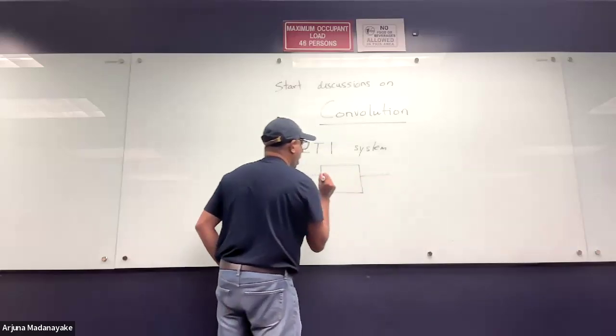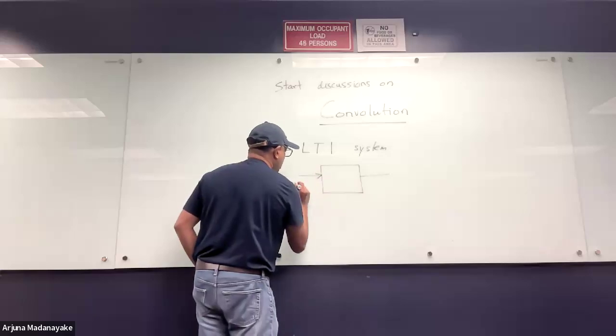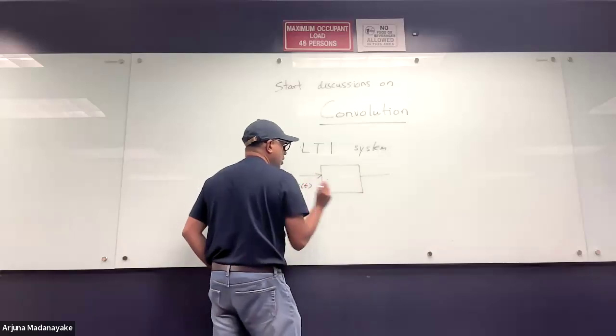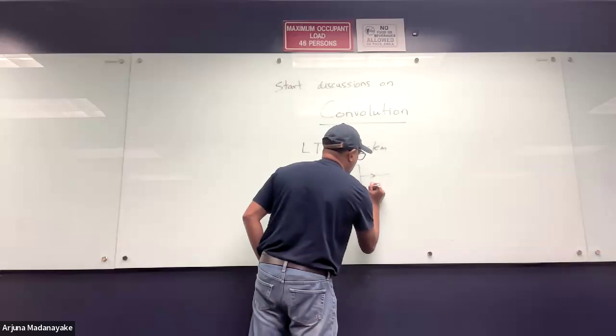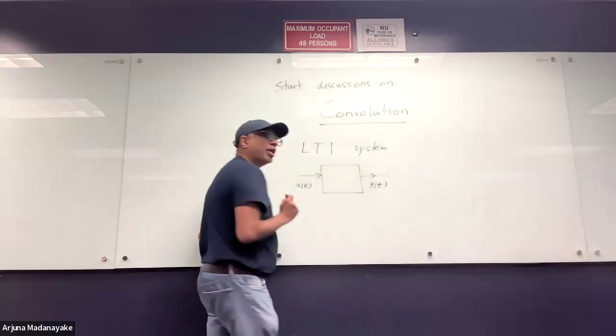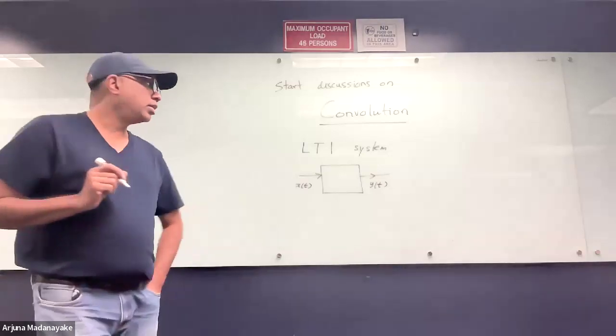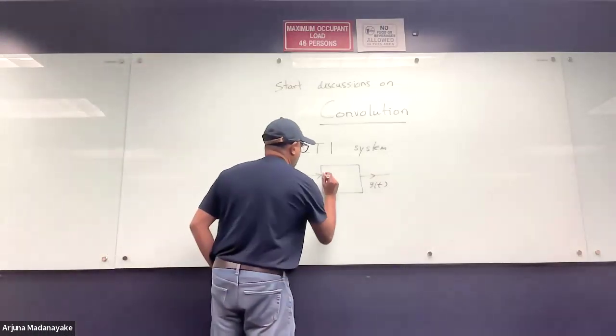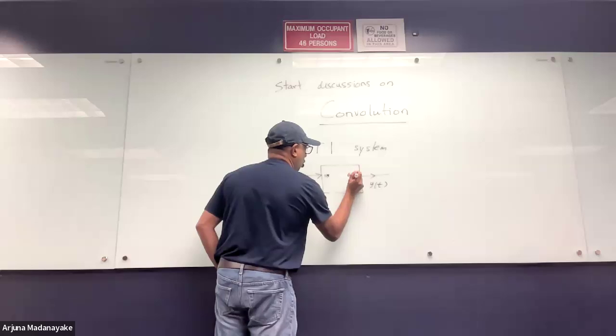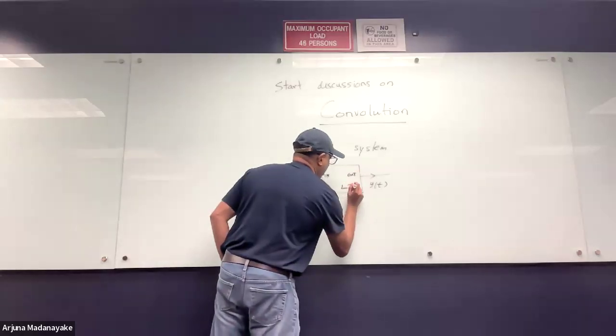It has an input and an output. It's got a waveform x(t) going in to produce a waveform y(t) coming out. It's a two-port network. This is my input, this is my output, and I said that this is LTI.